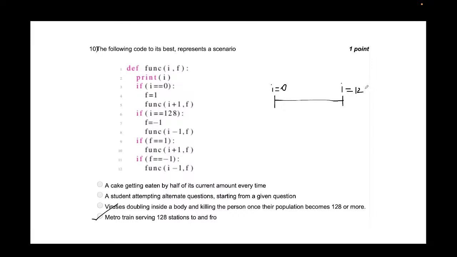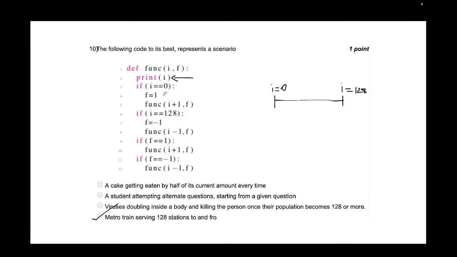The function's first job is to print the station number. The first time it will print 0.